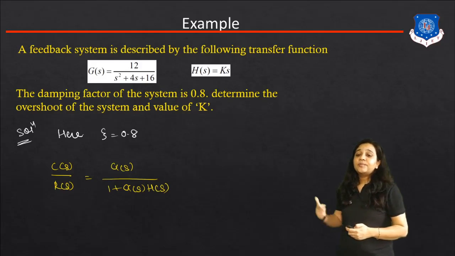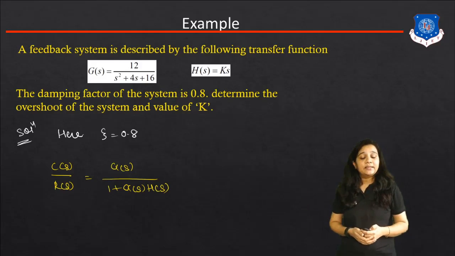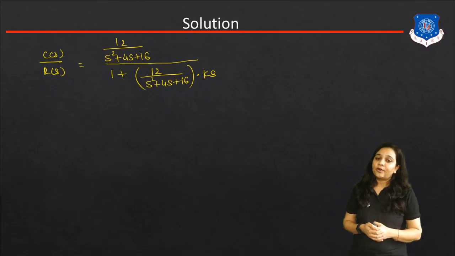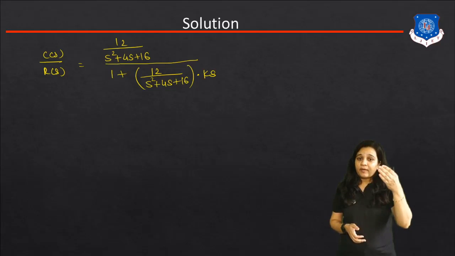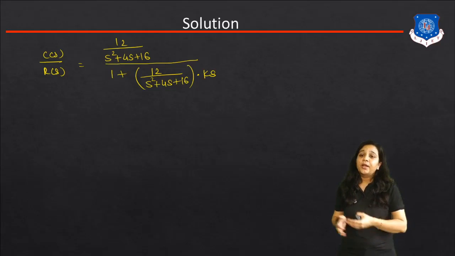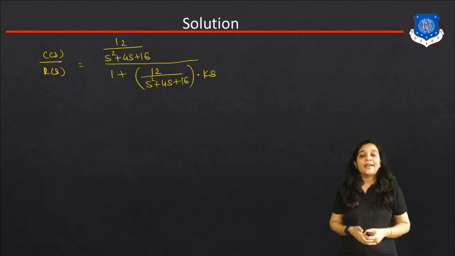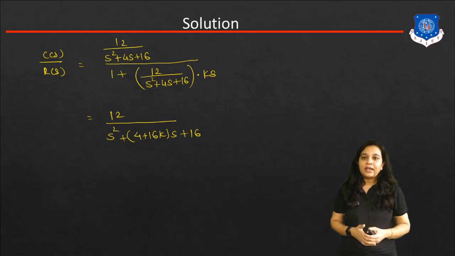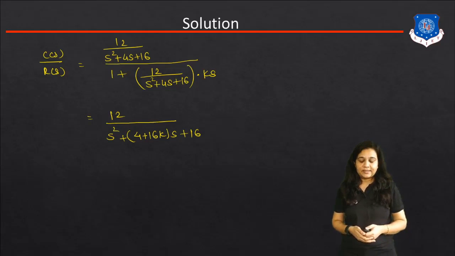Put the values of G of s and H of s in this equation, and we get C of s upon R of s equal to 12 upon s square plus 4s plus 16, upon 1 plus 12 upon s square plus 4s plus 16 into k into s. Simplifying this equation, we get 12 upon s square plus (4 plus 16k) into s plus 16.